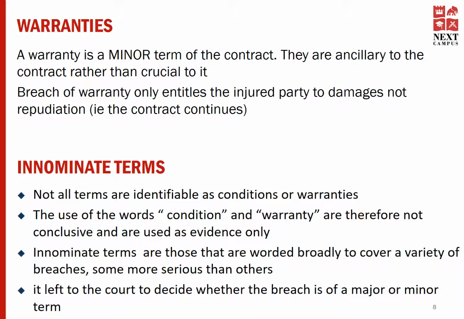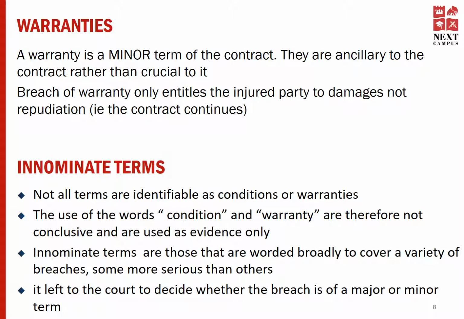Now that we have discussed conditions and warranties, we will be moving into another area which is called innominate terms. As per English law, innominate terms are those that are worded very broadly to cover a variety of breaches. Some could be serious and some are not.